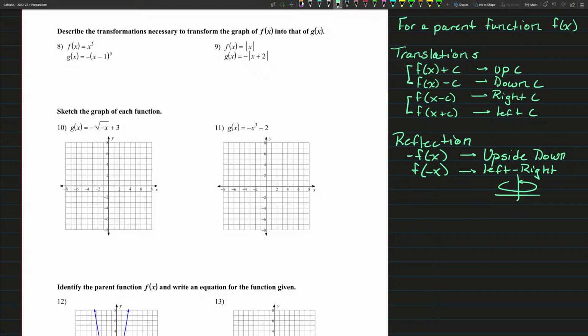So all we're doing is describing these transformations. I'm going to try to use highlighters here so we see it. In number 9, this is the parent function x cubed. As a reminder of what that looks like, it's the elongated S. The negative 1 on the inside means shift right 1.